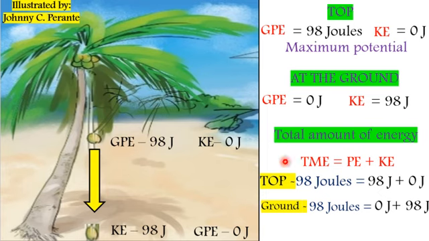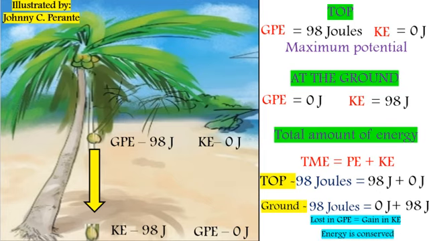So the height has something to do with the amount of gravitational potential energy. So this scenario also explains that energy is not lost. It is just converted from potential to kinetic energy. Therefore, energy is conserved because the total amount of energy stays the same.